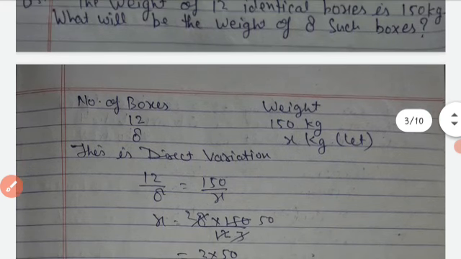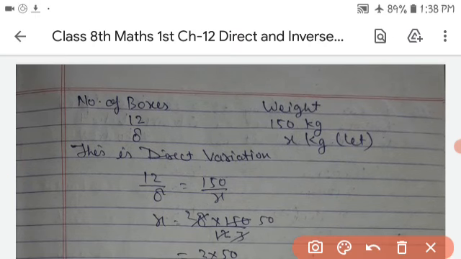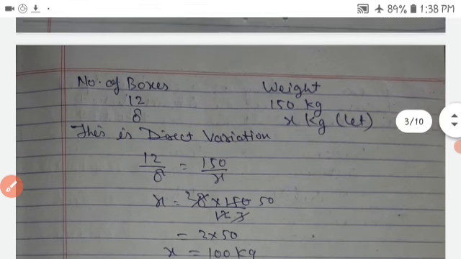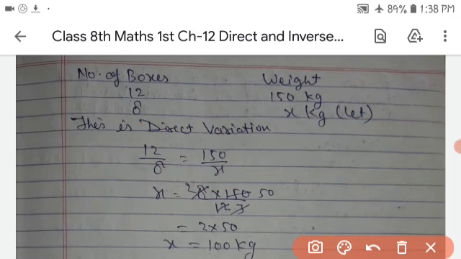Now apply the formula. 12 upon 8 is equal to 150 upon x. Now x goes to the numerator and 12 goes to the denominator. Now the value comes to 8 into 150 upon 12.